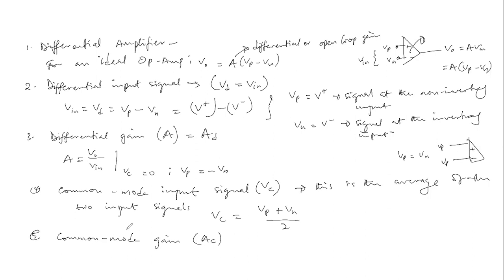And it is the opposite of the differential gain. So hence, A sub C is the same as V naught divided by Vin, where Vin is equal to 0, such that the non-inverting voltage is the same as the inverting voltage. And recall that for the differential gain, the non-inverting voltage is not the same as the inverting voltage.